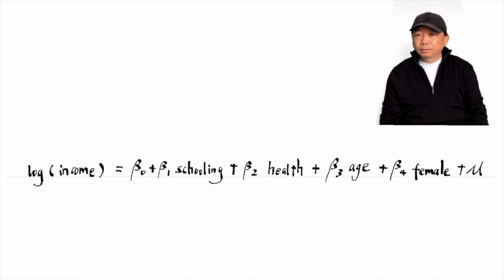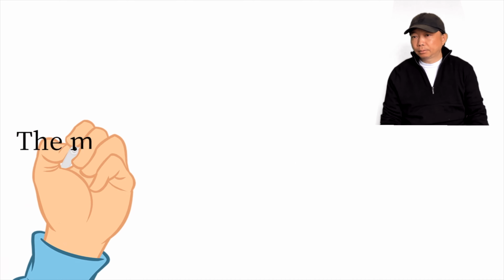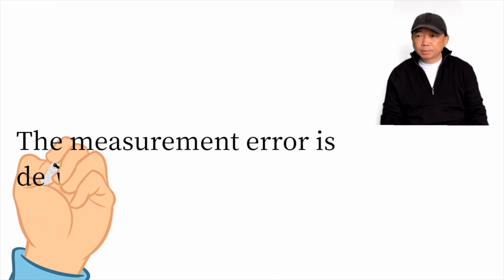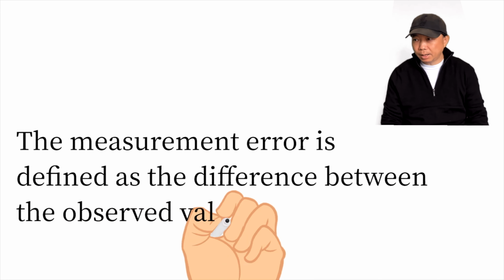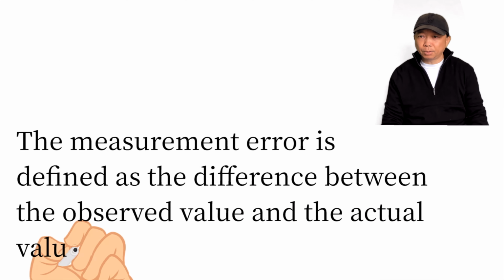Additionally, the self-reported health status may be imprecise, and occasionally, even the age variable can be misreported. The measurement error is defined as the difference between the observed value and the actual value of the variable.